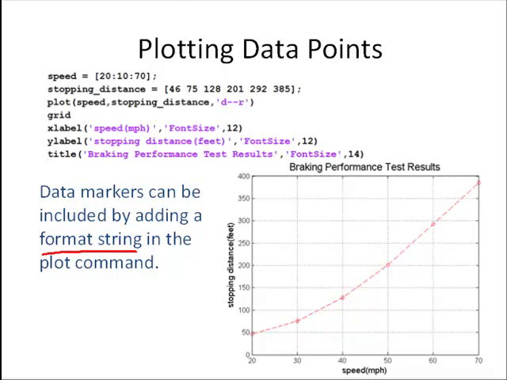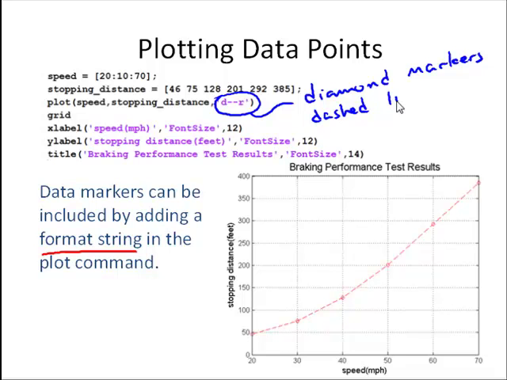So here's our format string in the plot command. What that's saying is we want that plot to use diamond markers. The d stands for diamond data markers, and the double dashes mean that we're going to have a dashed line. And the r means it's going to be red. And so we get a plot with a dashed line and it's red.